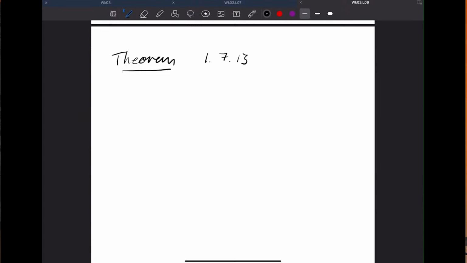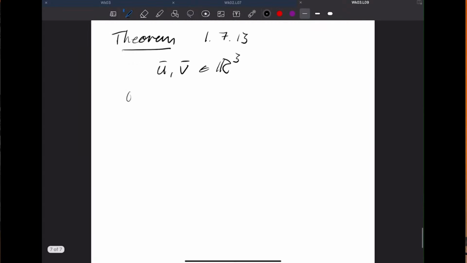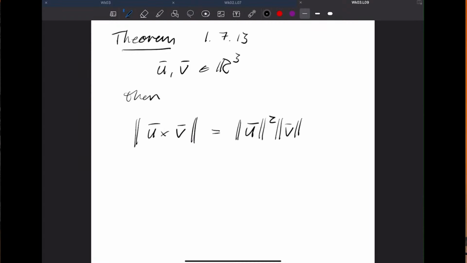So this is theorem 1.7.13. If we have algebraic vectors u and v in R3, then there is a relationship between the norm of the cross product of u and v and the dot product of u and v. So that is equal to the norm of u squared times the norm of v squared, minus the dot product squared.